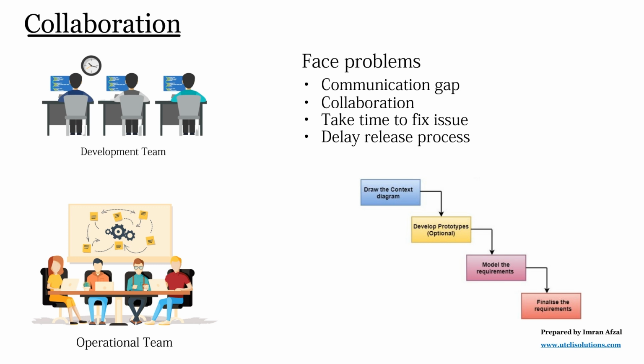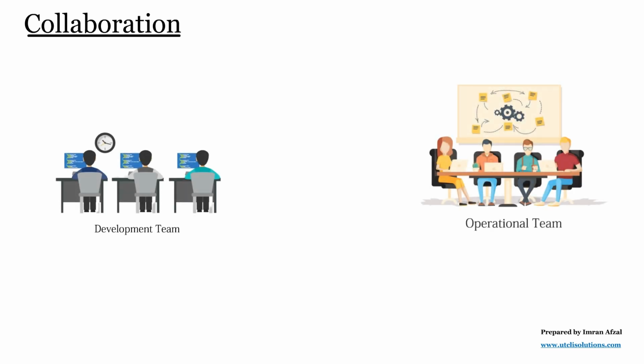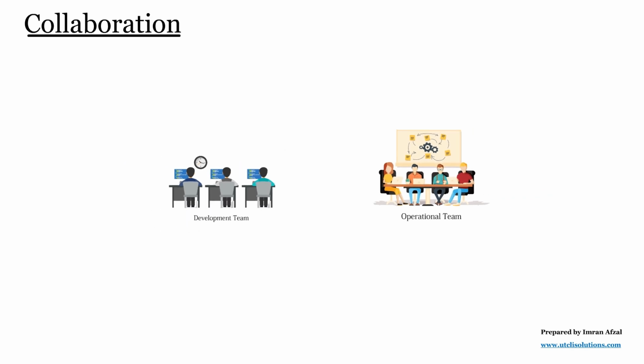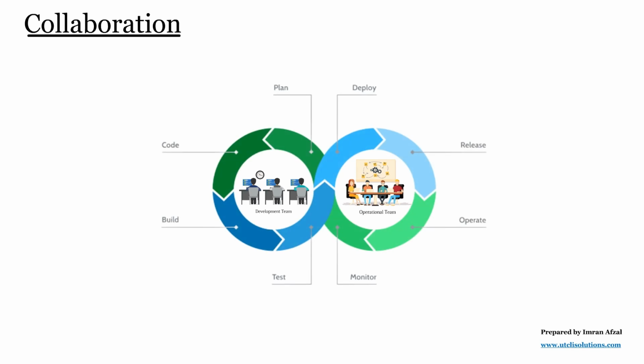Fixing those problems used to take a lot of time, and that eventually delayed the application release process. So then, of course, to overcome this problem, there was a need for collaborative work so that all members should work together to achieve the common goal of the organization. That's why DevOps was introduced to build collaboration and communication between teams, and it made processes speedy using automation, of course.